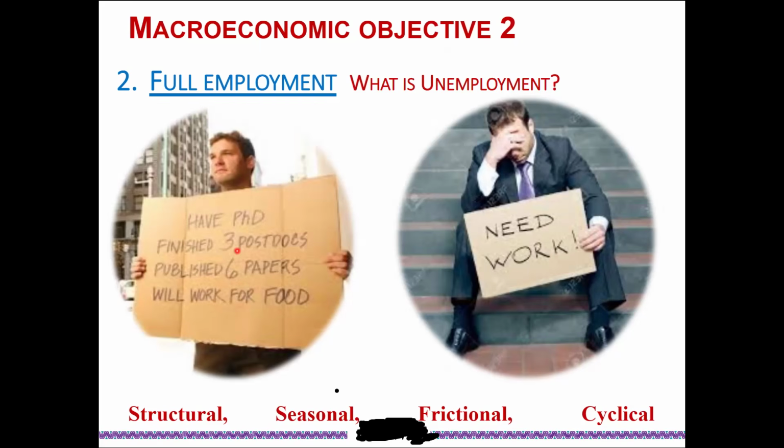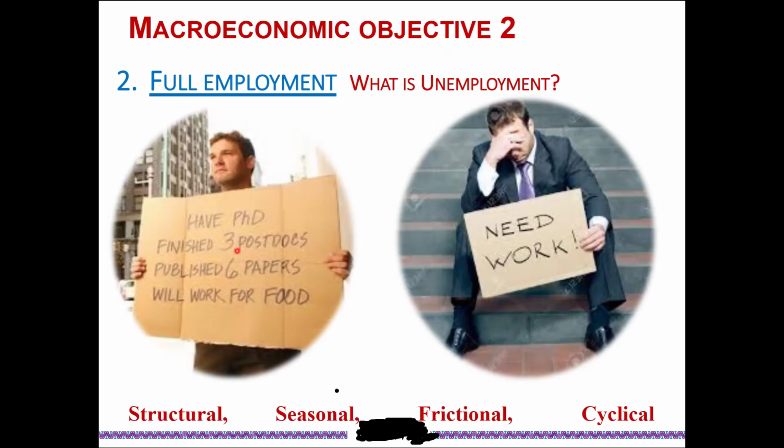So we have different types of unemployment. We have structural, seasonal, frictional and cyclical. We are going to do these in the next chapters. Structural unemployment occurs because there's a mismatch of skills. Let's say you are a graduate, a qualified accountant, and there's a job available for teaching.